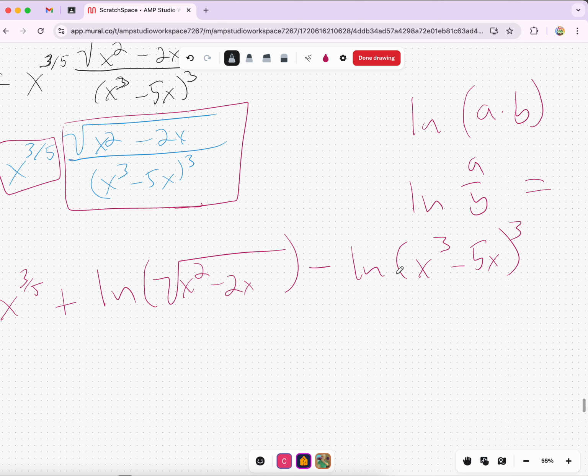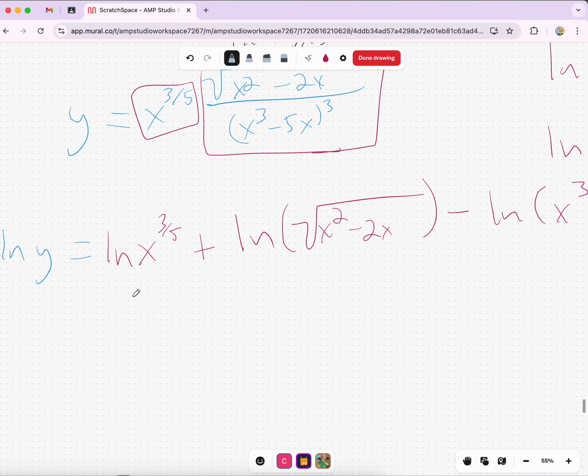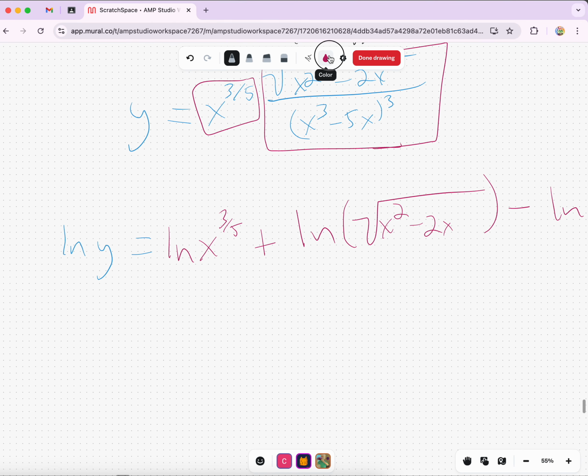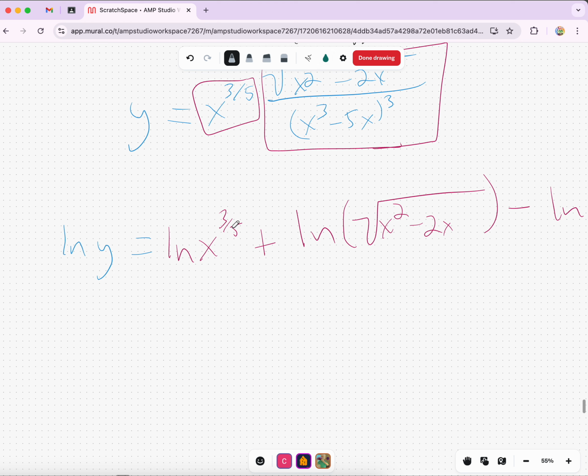Okay, now let's simplify this down a little bit. Again, knowing our log laws, we can make this a heck of a lot more manageable. If I'm just paying attention to each term, this exponent can be popped out and put out in front, right? So we can do 3/5 times the natural log of x. Plus, now again, you need to know your rules, but we can pop out this as an exponent.